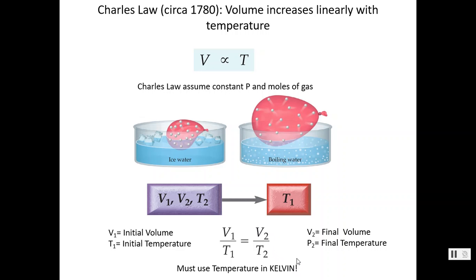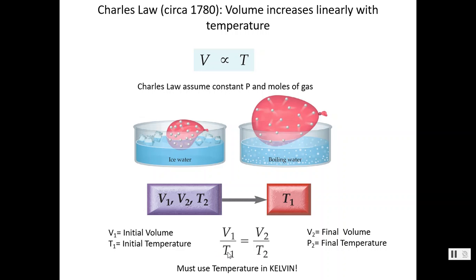The other important point to remember about Charles' law is that when you do calculations using it, you must always use temperatures that are in the scale of Kelvin. And that's because Kelvin is based on a scale of absolute molecular motion being still at 0. Since it's based upon absolute 0, in the problems that we do, you're never going to have a temperature that is 0.